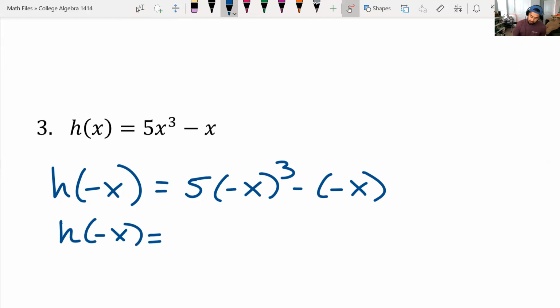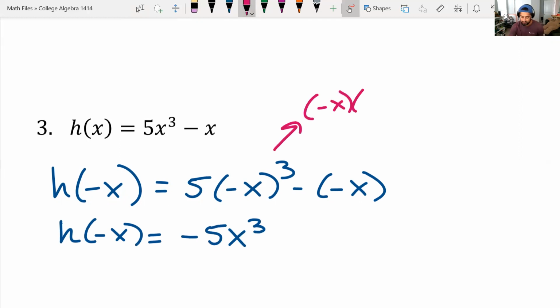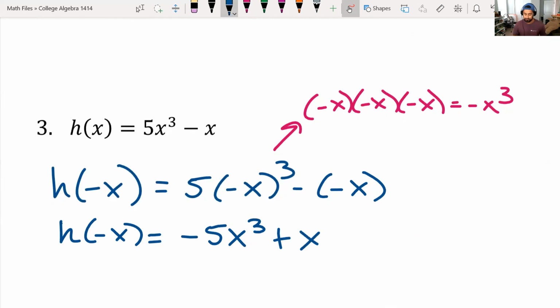I'll get negative 5x cubed, because once again, that's negative x times negative x times negative x, which gives me negative x cubed. Okay. And then plus x. All right. So what we get back is negative 5x cubed plus x.